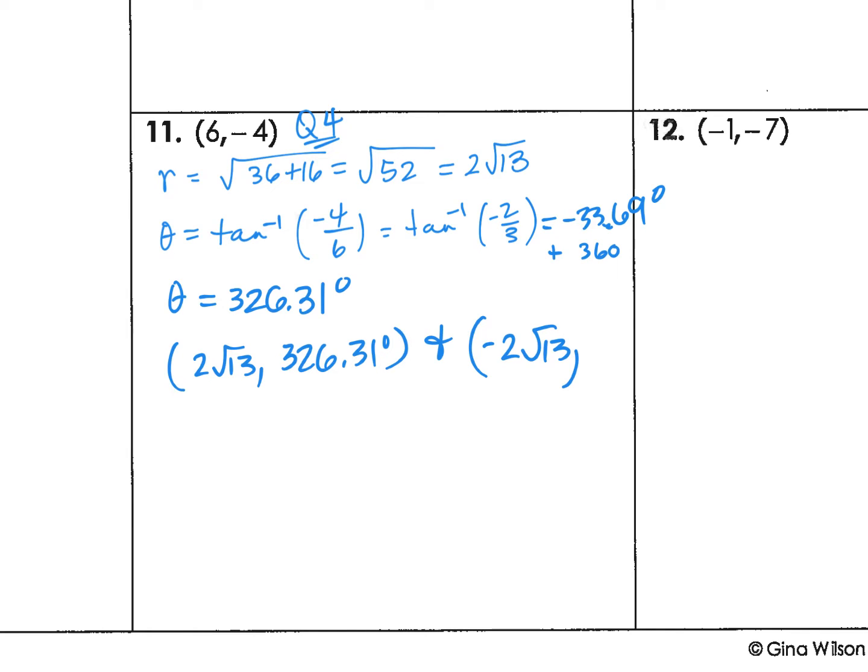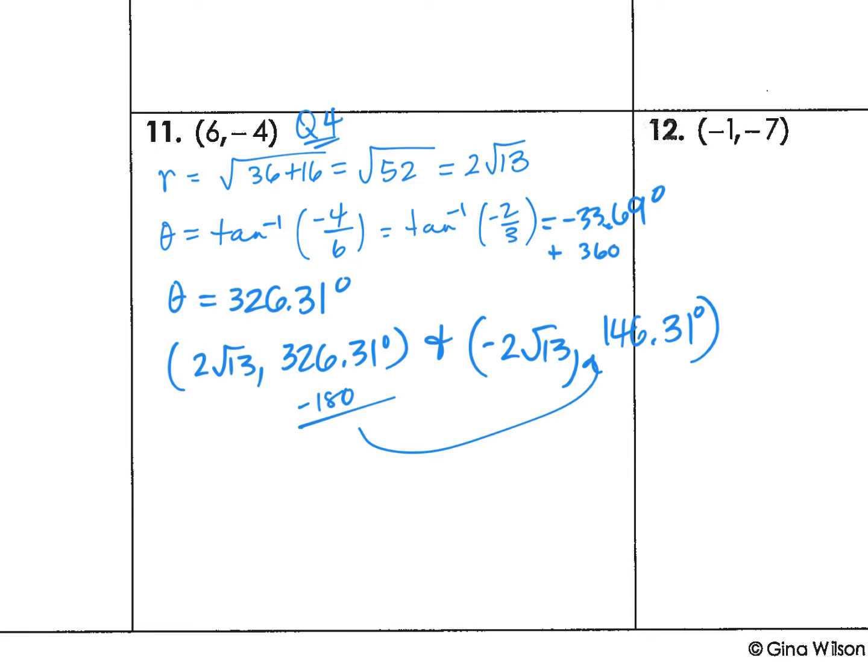How do I find the other one? 180, right? Because they're 180 off from each other. So subtract 180 from this guy to get this one right here, which would be 146.31 degrees. So there are my 2 points. Okay?